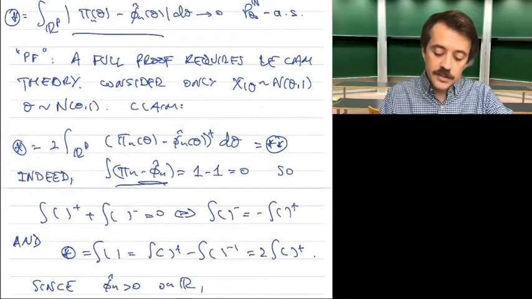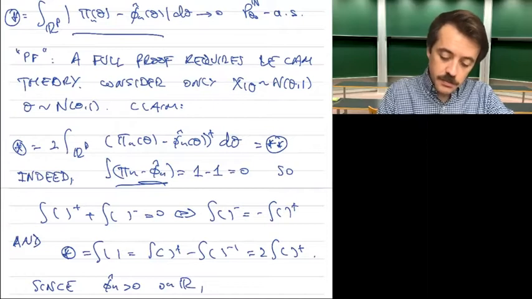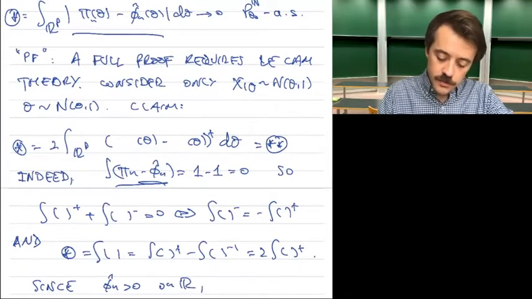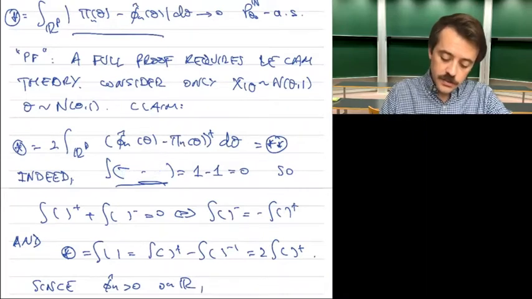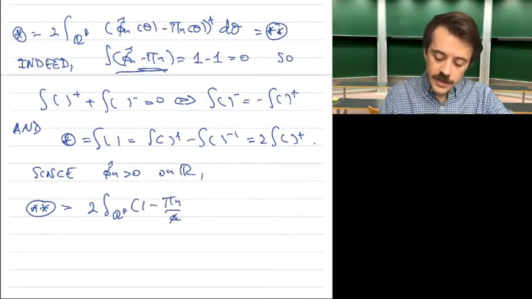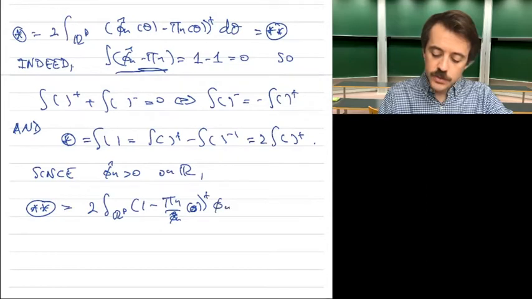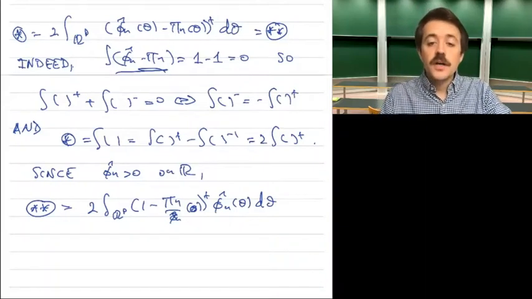So what I want to claim is that this is 2 times the integral of phi n hat, of the positive part of 1 minus pi n over phi n hat, as a function of theta, and we've taken out this factor, d theta. That's sort of trivial stuff.